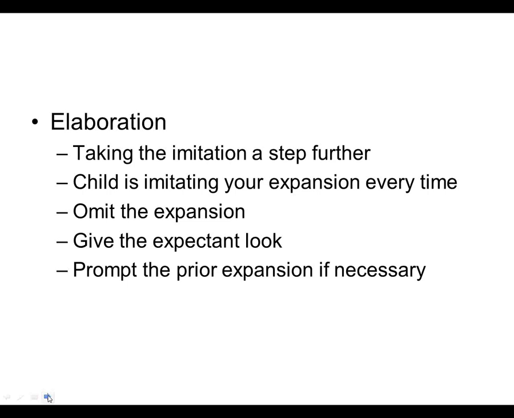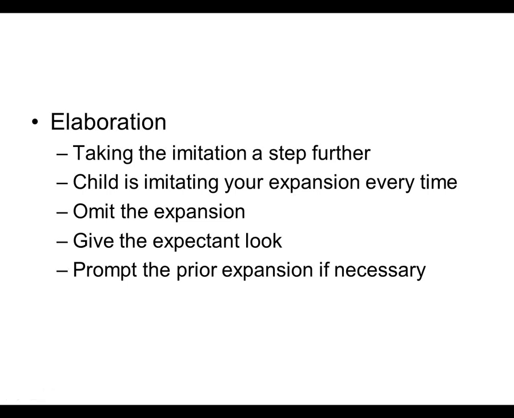Once they're consistently imitating it, you step to this level because you know they can physically do it. You're basically fading out your model and your prompt. If they do it, great, and you reward and reinforce. If they don't, then you prompt what it was and make sure that they still follow through, versus just leaving it where it was.